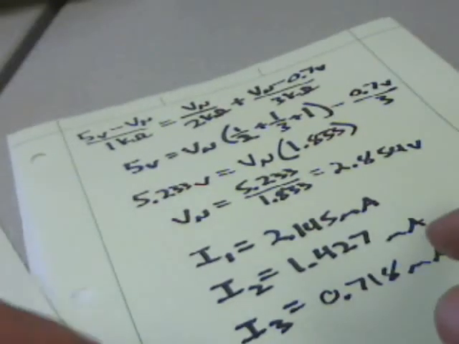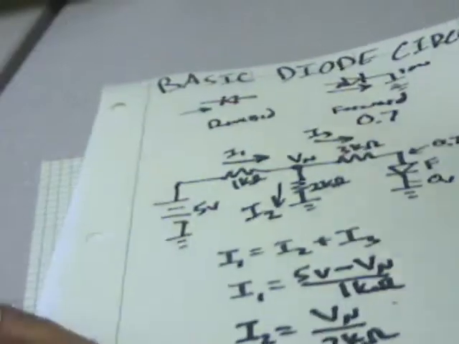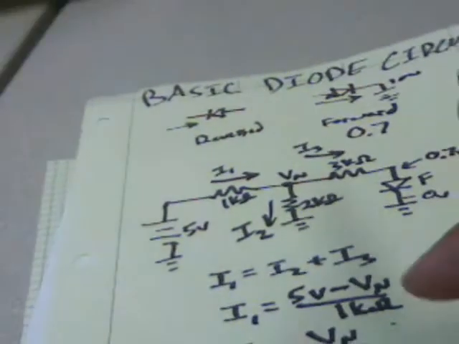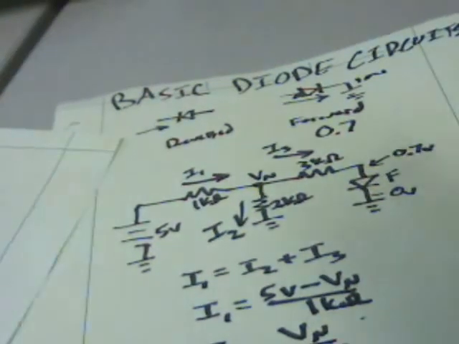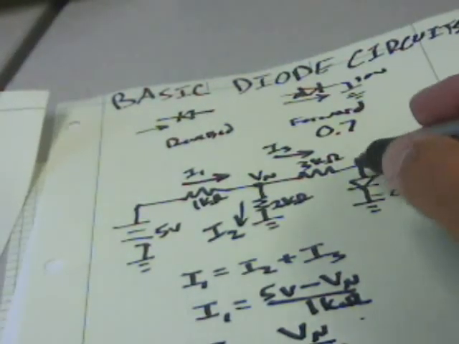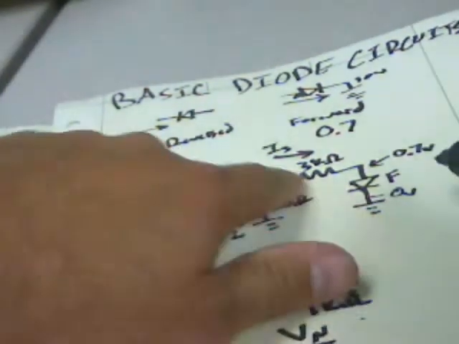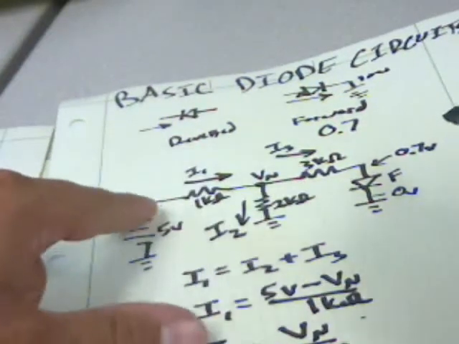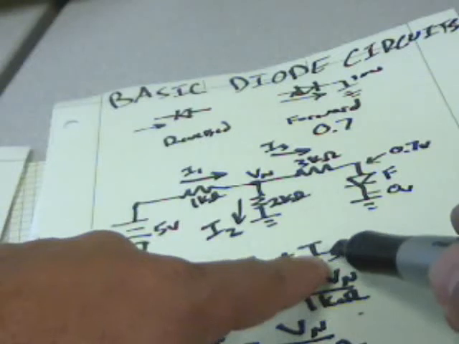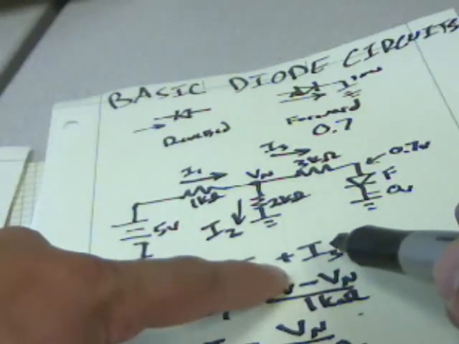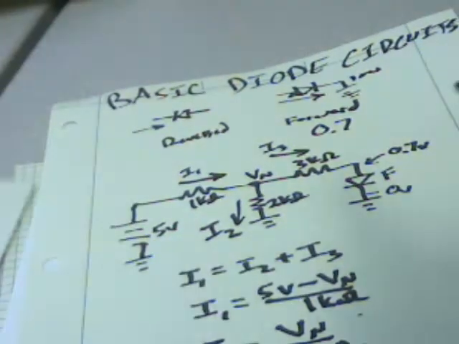Now what happens if we made the wrong assumption earlier on in the circuit, and we said that it was reverse biased? Well, let's see. If we change this from forward to reverse, now there's no current flowing in this whole branch, so I3 is equal to 0, and it's just I1 equals I2.